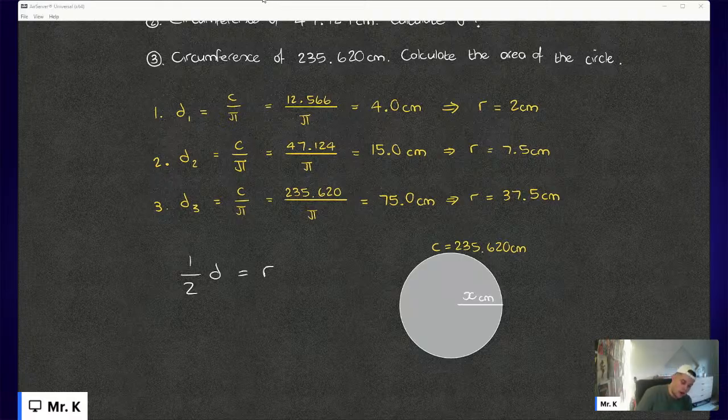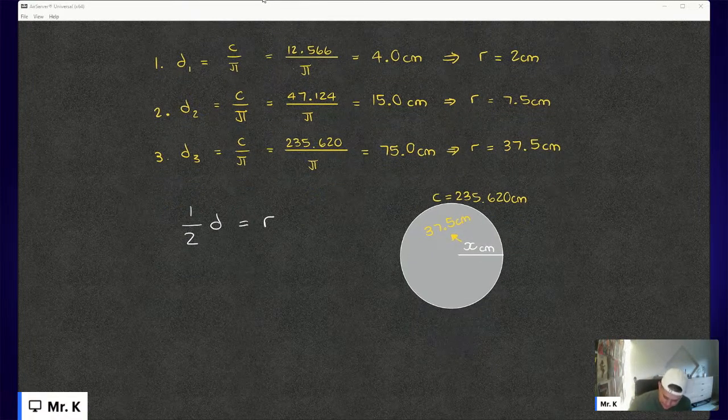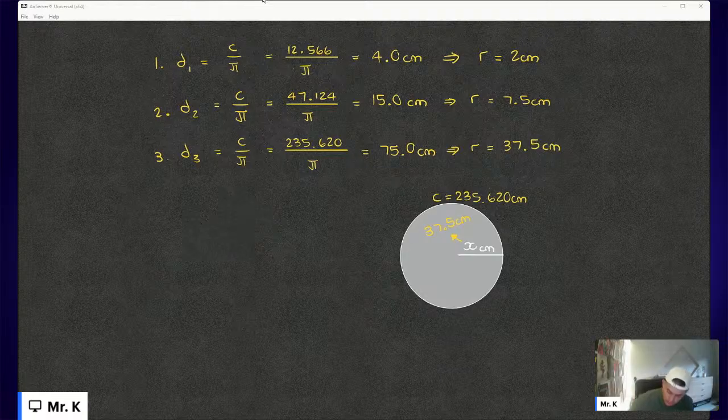That's why I've halved all of the values to find r. So what does that tell me? Instead of having x over here in my circle, I now know that the value for x, in this case for the radius of my circle, is 37.5 centimeters, right?